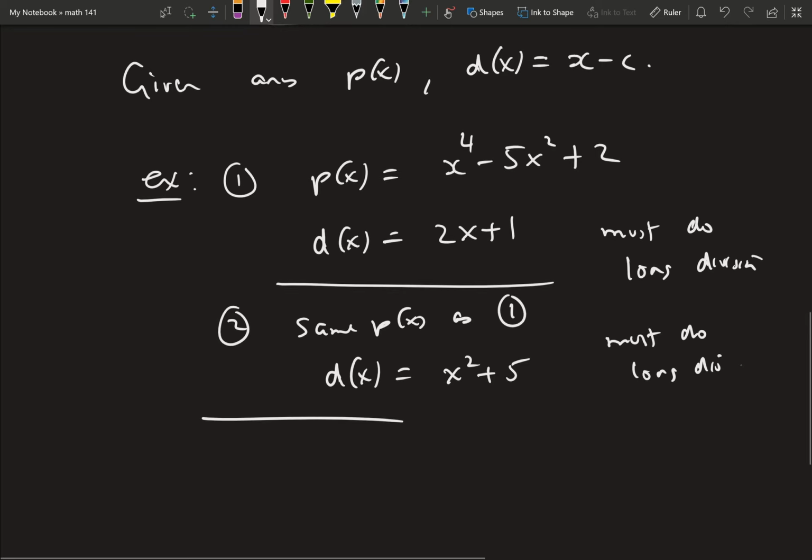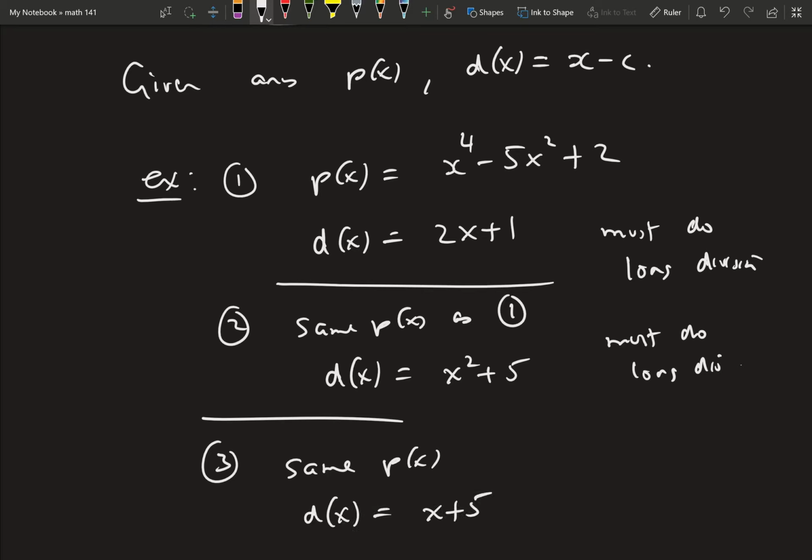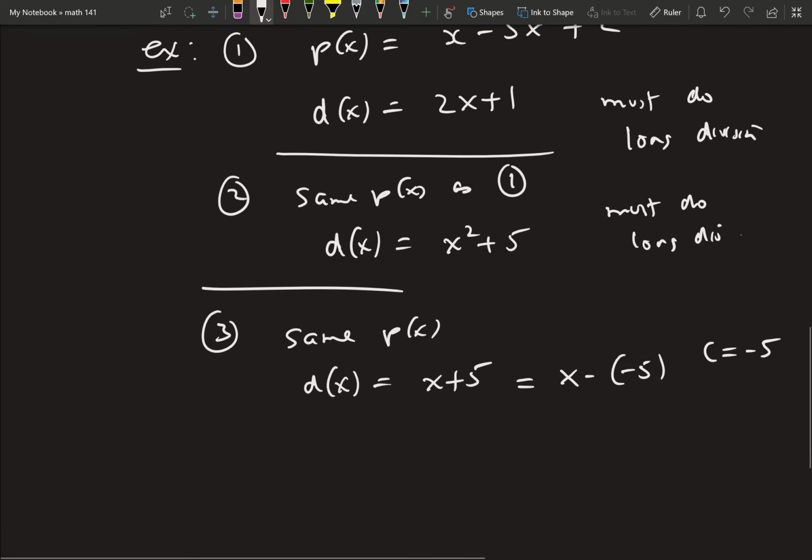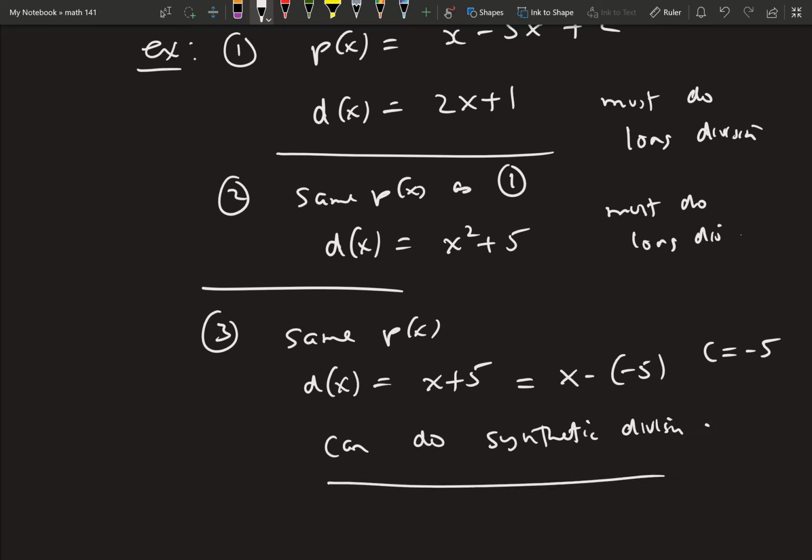But if, say, example 3 here, we have the same p of x, but d of x is x plus 5, well, this is x minus negative 5, where c is minus 5. In this case, we can do this process called synthetic division. I'm just giving some examples of when you can and can't do synthetic division.